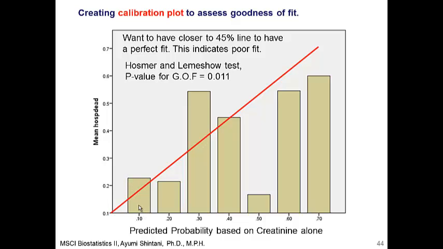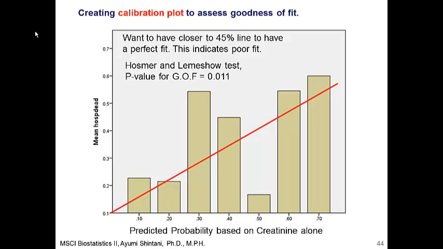So if the prediction is perfect, you would expect this group to have about 5%. It's a mean of 0 to 10, so 5%. And this group has 15%, 25, 35, and so on.